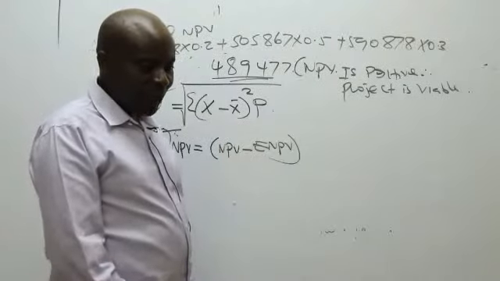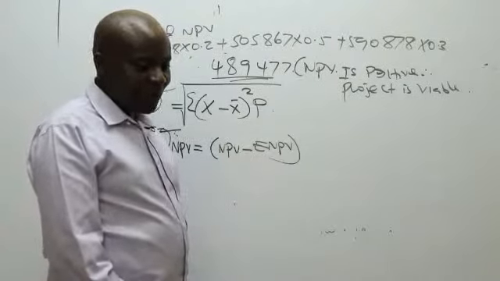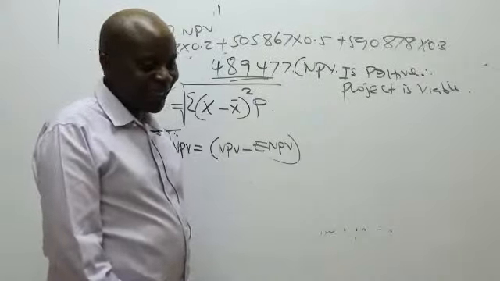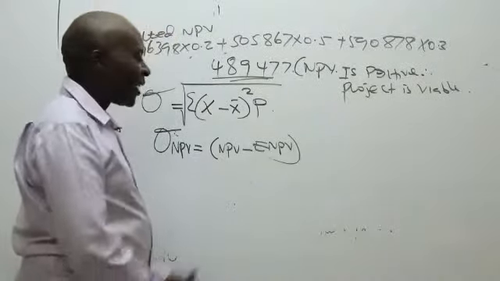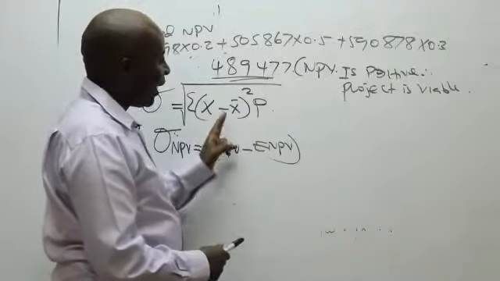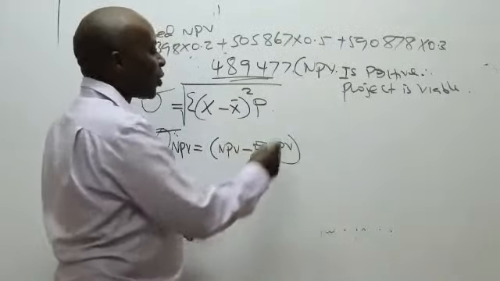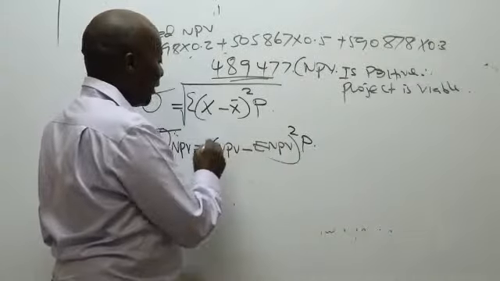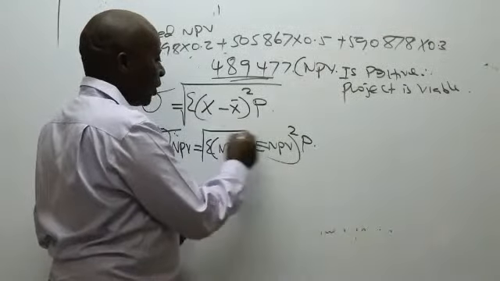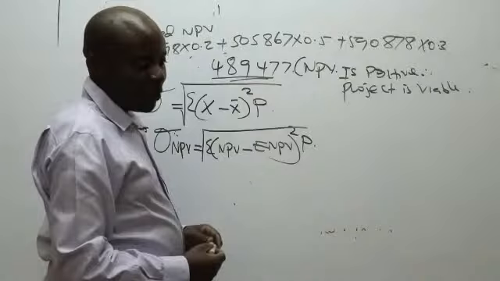Is it okay now? I was changing battery. And then we square, times probability, and of course there is a summation, and then a square root on top.